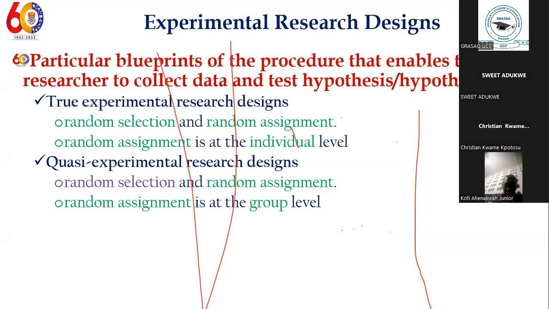We are going to classify the whole group into either a control or experimental. That is why, from expert analysis, random assignment in quasi-experimental research is at the group level, whereas random assignment in true experimental research is at the individual level.